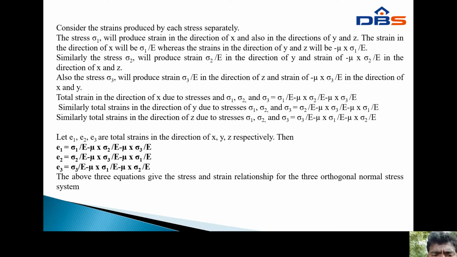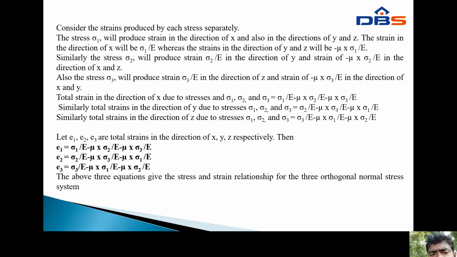First one, e1 equals sigma 1 by E minus mu into sigma 2 by E minus mu into sigma 3 by E. Next, e2 equals sigma 2 by E minus mu into sigma 3 by E minus mu into sigma 1 by E. Next, e3 equals sigma 3 by E minus mu into sigma 1 by E minus mu into sigma 2 by E. These are the three-dimensional strain equations, so strains e1, e2, e3.